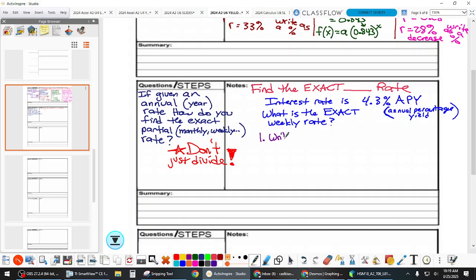Okay, so first step, write the factor. In this case, I didn't say it's growing, but we'll assume that. Now, guys, as we go forward, you're going to have to really know the difference between factors and rates. So growth factor is 1 point what?